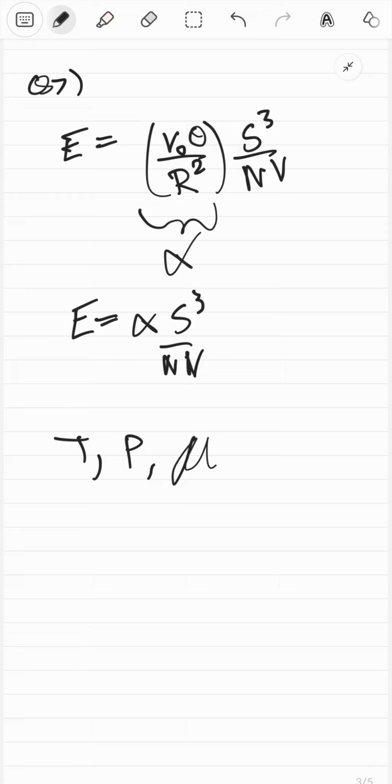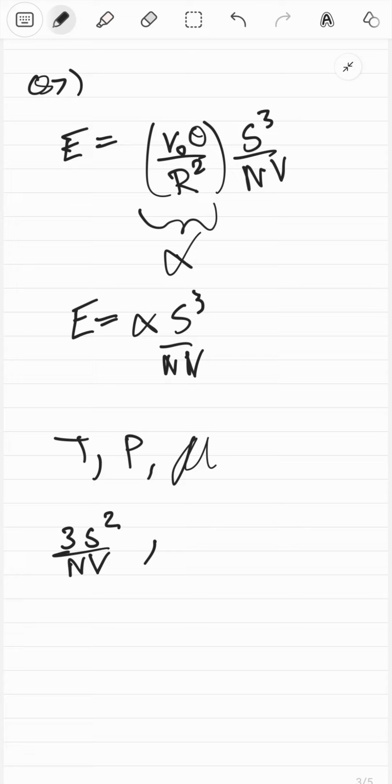Well, this should be easy. Temperature is just the derivative of energy with respect to entropy, right? So that's 3S squared upon NV, at constant volume. There you go. That was easy. Pressure is the negative derivative. Is it negative? No, the positive derivative. Wait. Okay, no. Negative pressure is the generalized force.